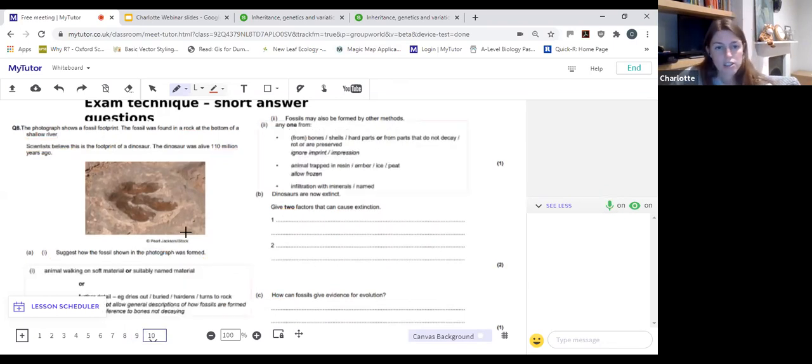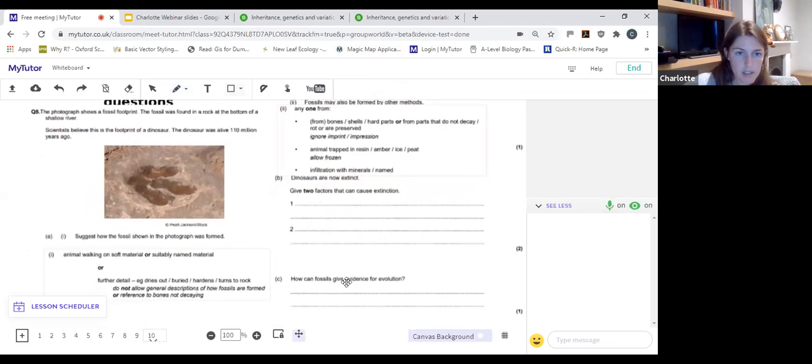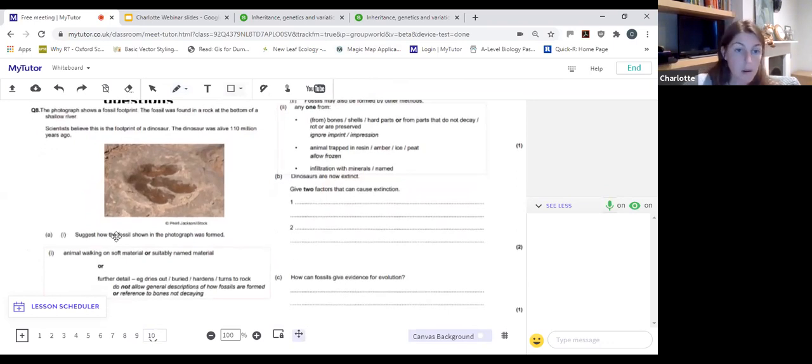Okay, so I've pasted in here a couple of them. The rest are on the next slide. So part A, part 1, in the mark scheme, they've said, suggest how the fossil shown in the photograph is formed. Animal walking on soft material or suitably named material. So remember we underlined shallow river there.